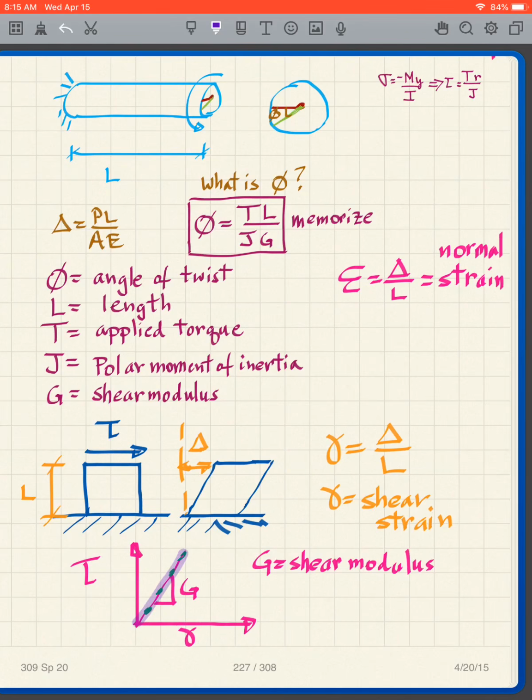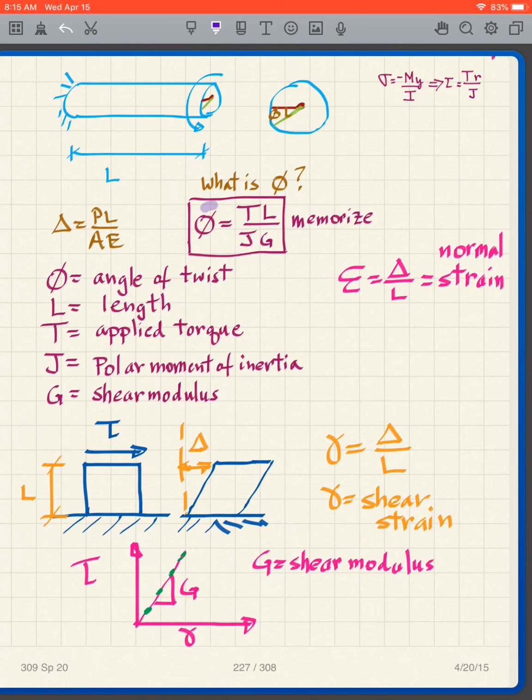It's a straight line, and we give the slope of that line the symbol G, which is the shear modulus. So shear modulus is similar to Young's modulus. Okay, that defines all these terms.